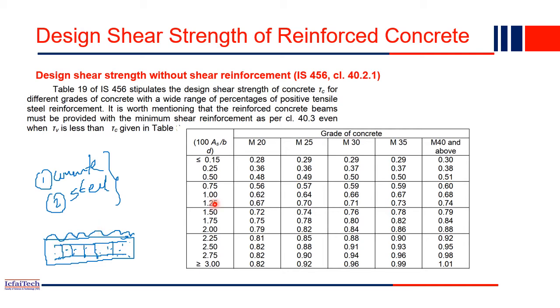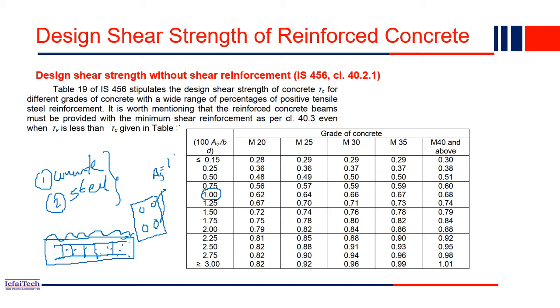But if more shear stress is applied, so for example, I consider 1% tensile steel. If you see the same beam, this is a cross section, right? And we provide the reinforcement, with top reinforcement as well as bottom reinforcement. So this AST we call AS, area of steel. So the total is ASC.